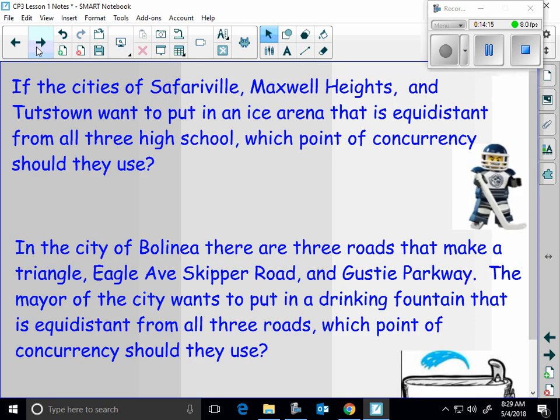Okay, so in the cities of Safariville, Maxwell Heights, and Tutstown, Mr. Todd Hill must have done this one, they want to put in an ice arena that is equidistant from the three high schools. Which point of concurrency should they use? If they want to put in an ice rink that's equidistant from those 3 points, consider those the corners of the triangle, right?